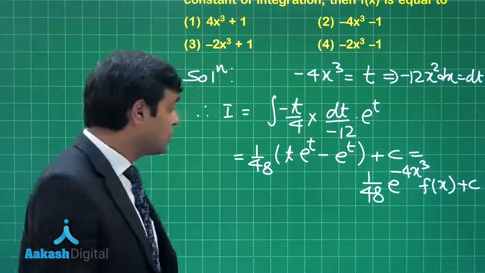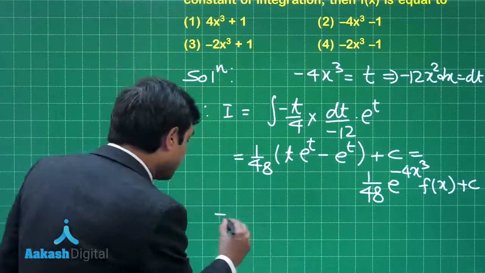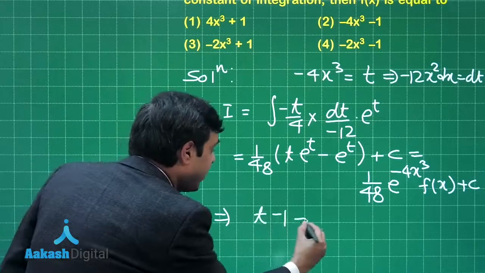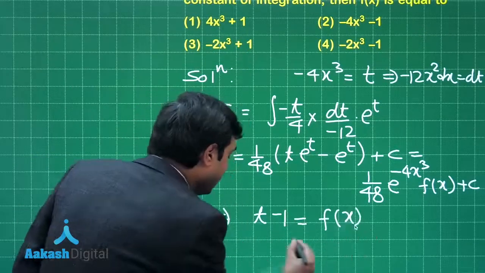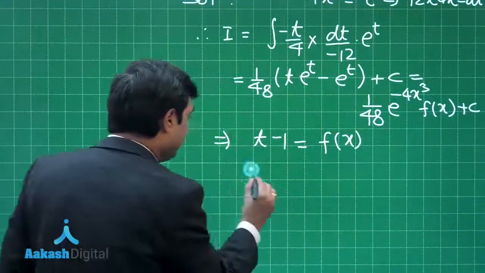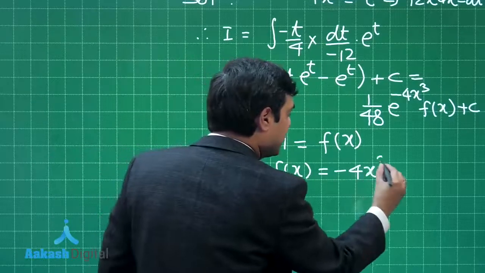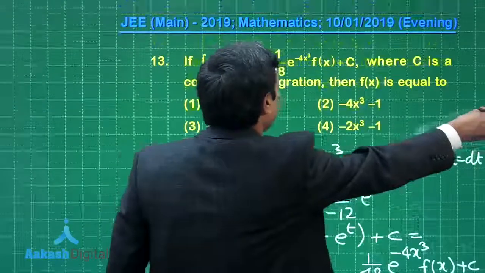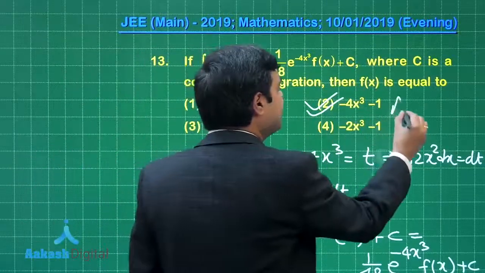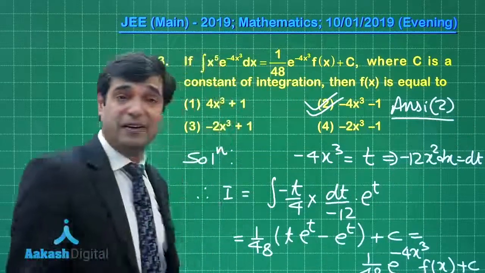When you compare, you can clearly see after substituting the value for t, you have t minus 1 as f(x), but t is minus 4x cube, therefore f(x) is minus 4x cube minus 1. Let us see from the given options, it is option number 2, so let us mark it as the correct answer. A simple question from indefinite integral.